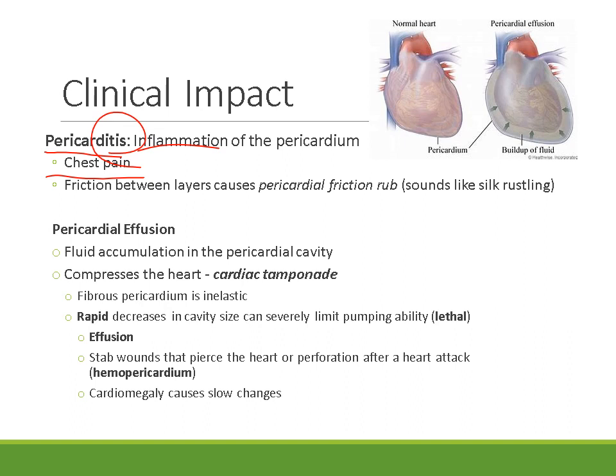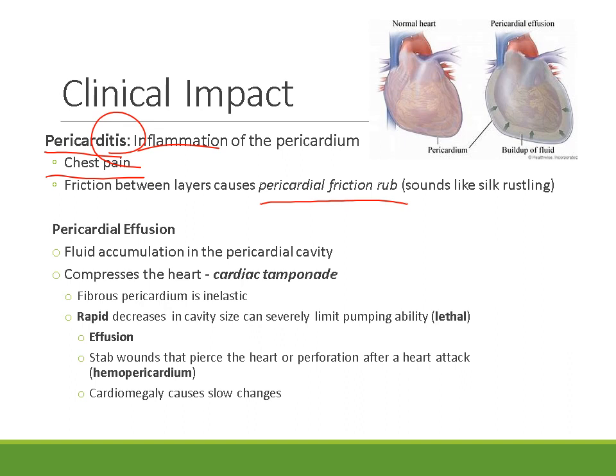When somebody has pericarditis, this can be associated with friction between the layers of the pericardium, and this causes what we call a pericardial friction rub. And you can hear that when you auscultate the heart or listen to the heart.